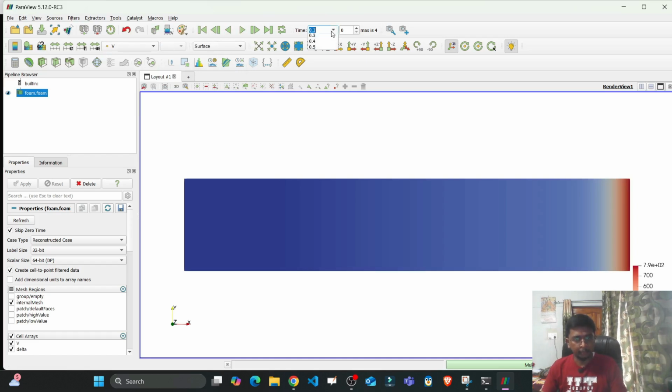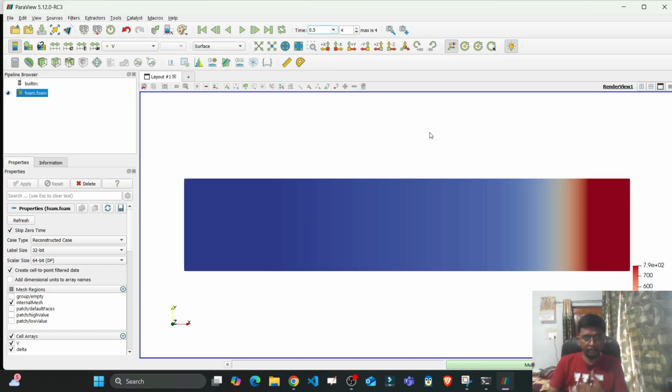If we go to 0.5, I'll take the example of 0.5 because we are going to make the graph of 0.5 also. What it is representing, as you can see, is that as the stock price is increasing, as we are moving in the direction of the positive x-axis, the value is also increasing.